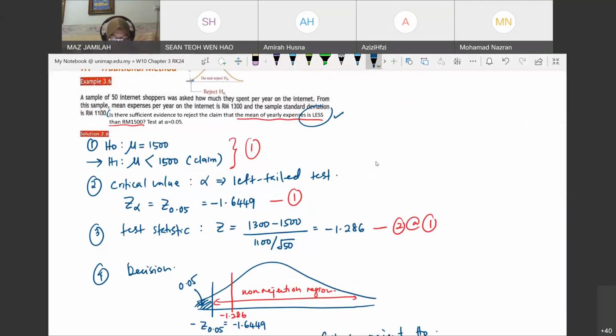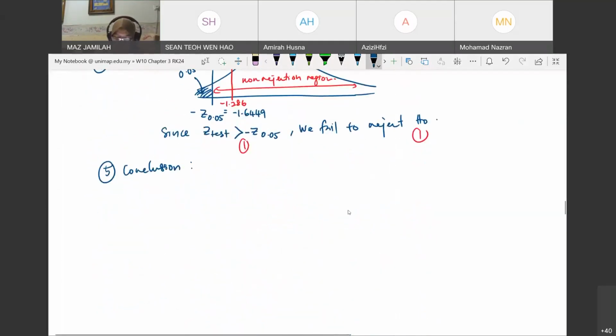When we have our claim at the alternative and yet we fail to reject the null hypothesis, remember, failing to reject means as if the null statement is what we assume to be correct. And since our claim is that it should be less than 1,500, that's why we say we have insufficient evidence to support our claim.